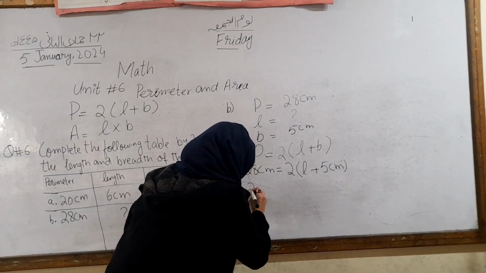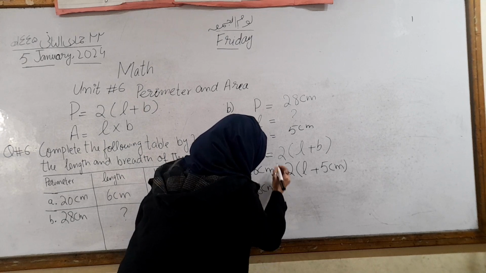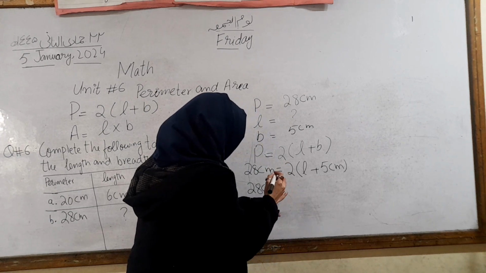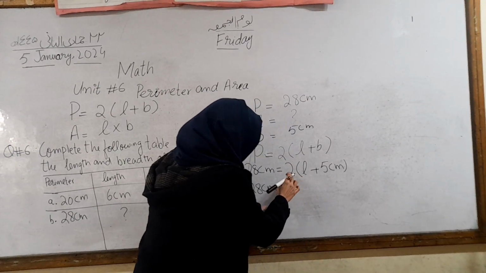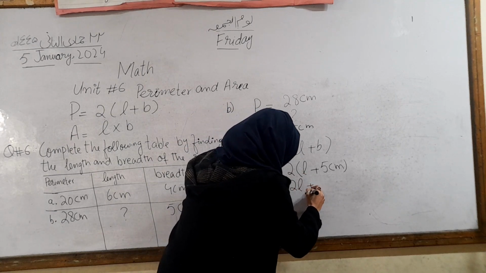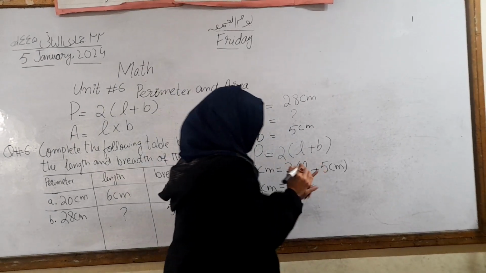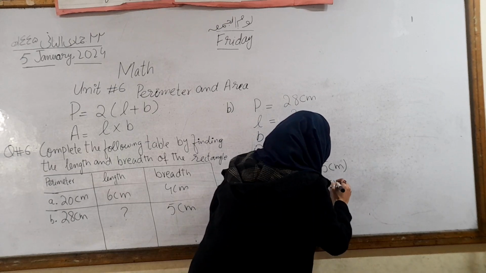Now we have 28 centimeter as it is. Right below it, the equal sign should come exactly under the equal sign. 2 multiplied by L is 2L, plus sign as it is, 2 fives are 10 centimeter.